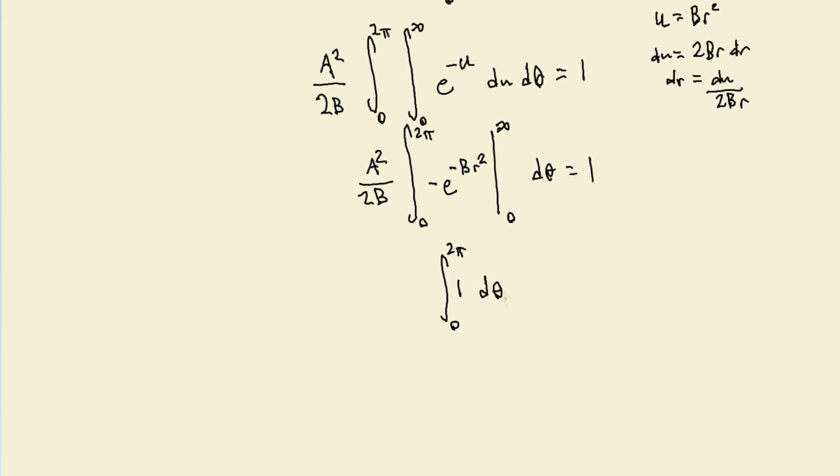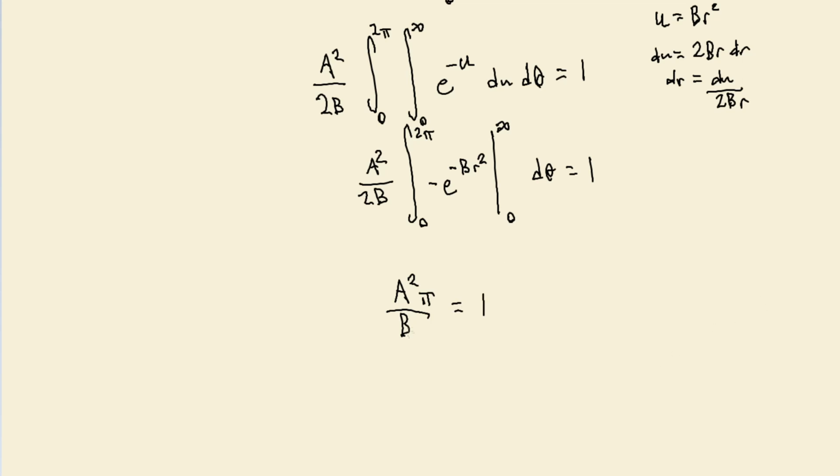with respect to theta. And so what are we going to get here? That's just 2 pi. Should be simple enough. Actually, I'm not even going to keep that. Just expect that this is going to be equal to 2 pi, this whole integral here. And so the 2's will cancel, and we'll be left with a squared pi over b, a squared times pi over b is going to be equal to 1.